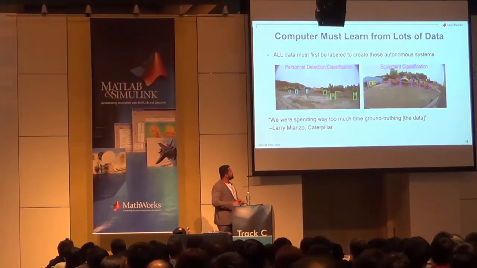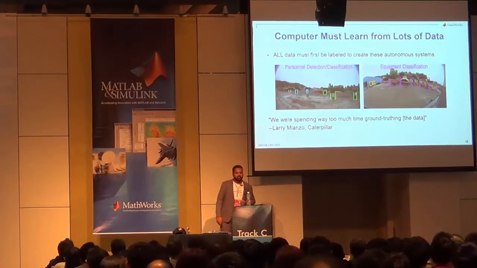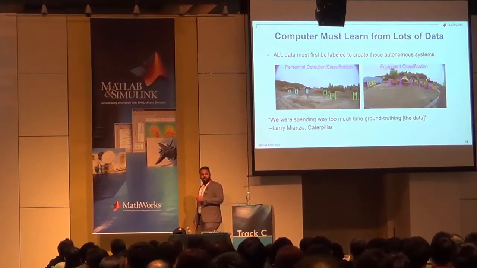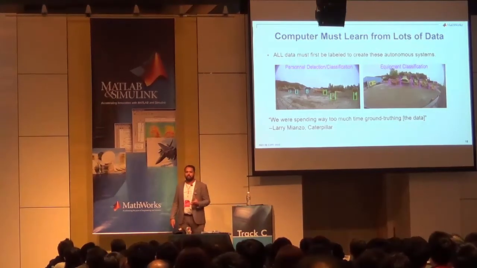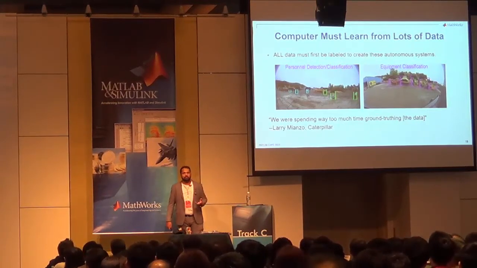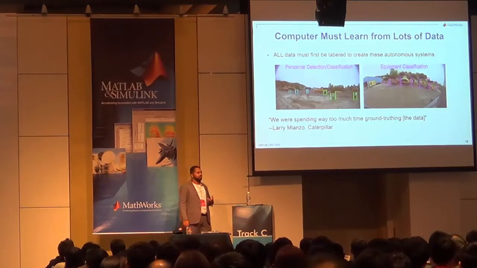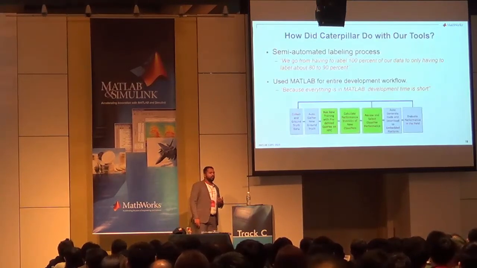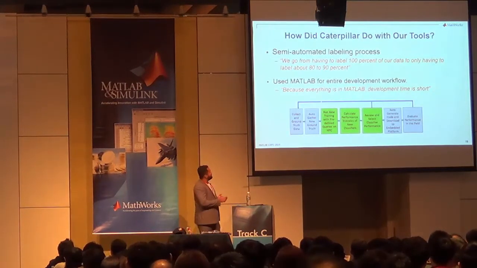And this person at Caterpillar, one of the managers, said that they were spending way too much time creating the ground truth data. That's what that means. Ground truth is the human labels. Now, of course that is the case. If you don't have automation, you will spend too much time. And so what they did with our tools is they created a semi-automated labeling process.